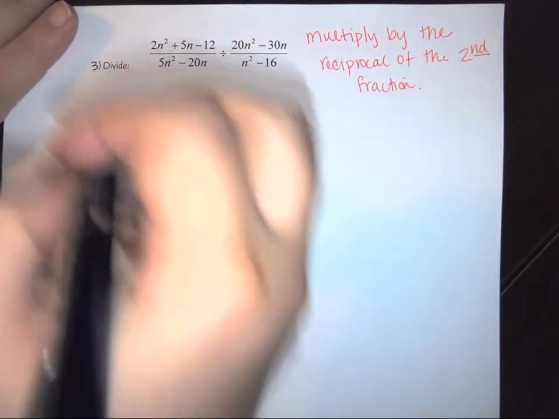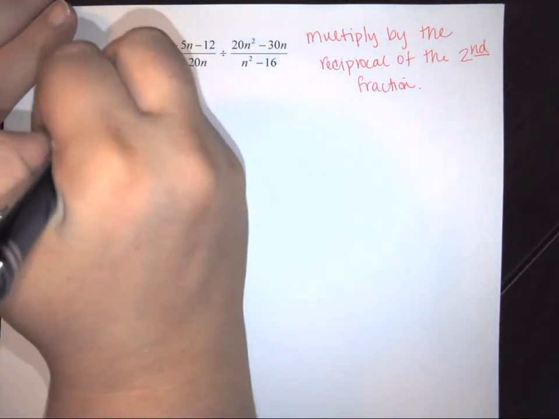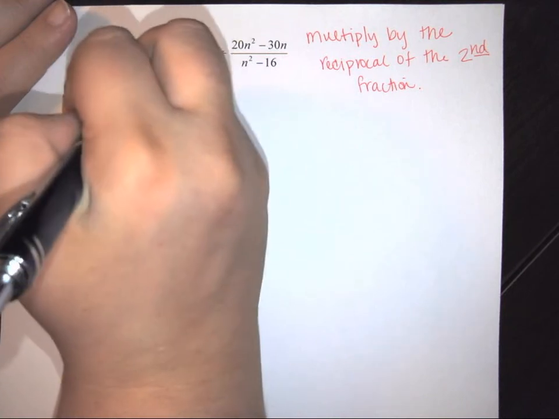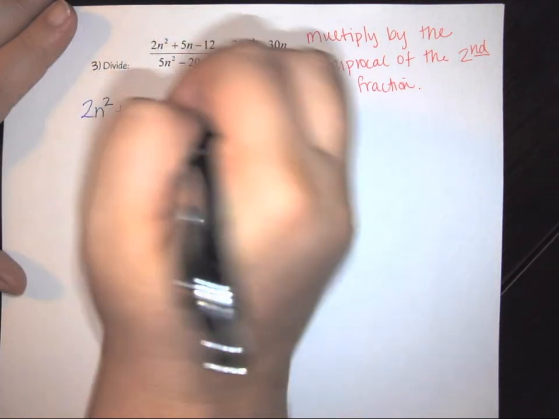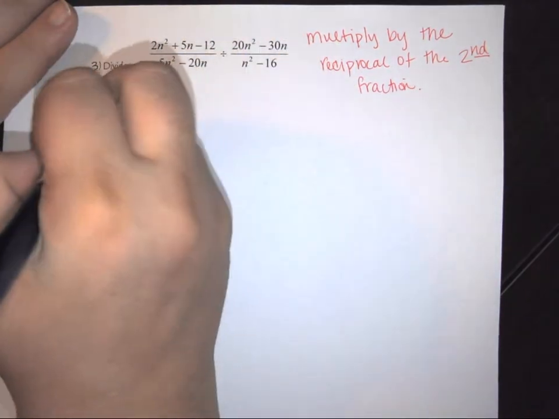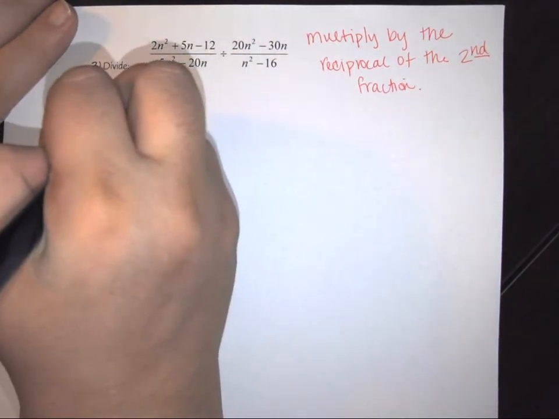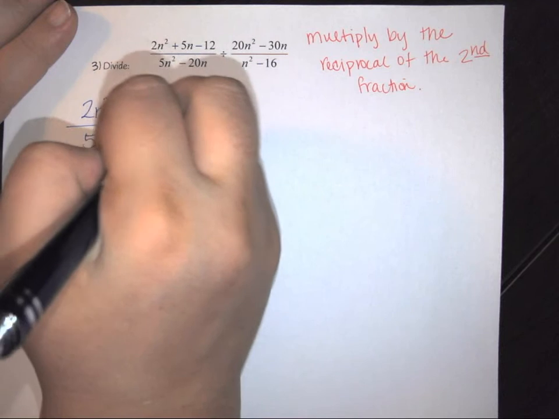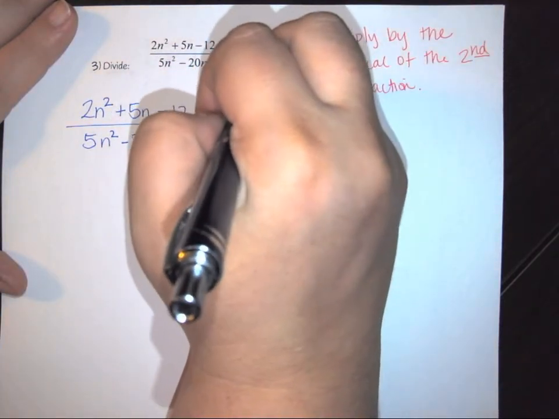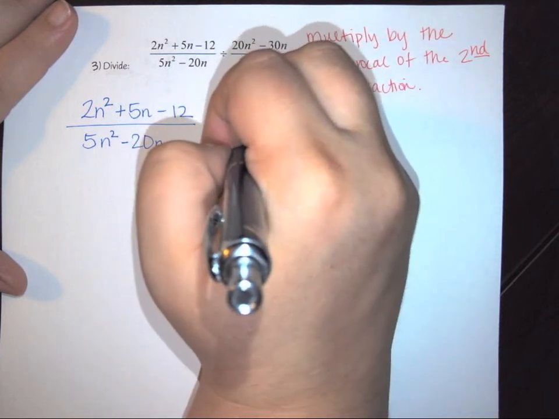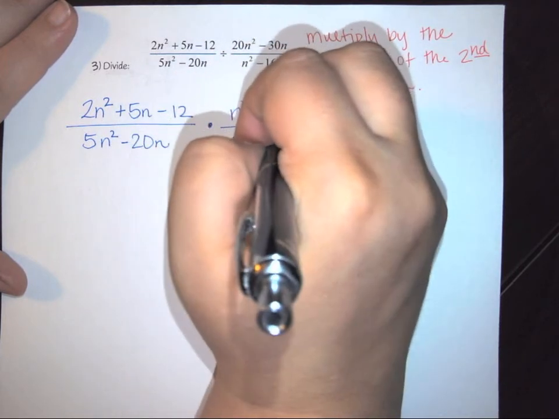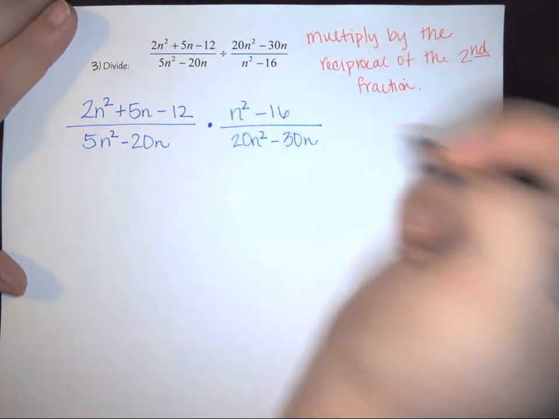So the problem I'm actually working on is going to be 2n squared plus 5n minus 12 all over 5n squared minus 20n, times n squared minus 16 all over 20n squared minus 30n.